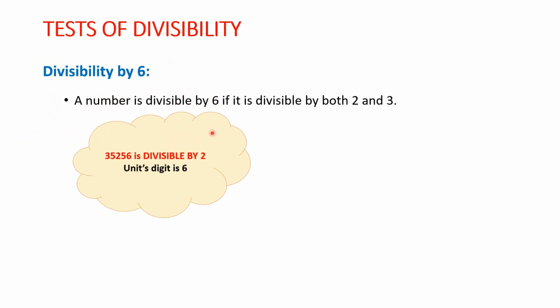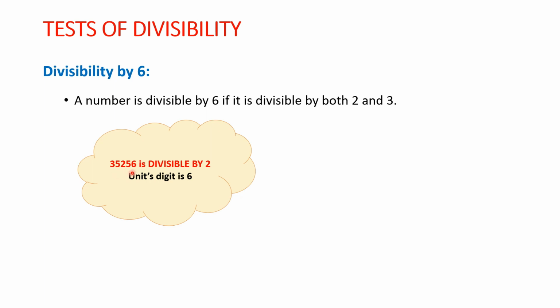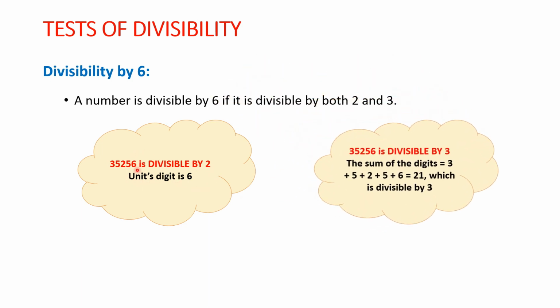Let's consider an example. Let's take the numeral 35256 and it is divisible by 2 because the unit digit is 6. If the unit digit is any one of 0, 2, 4, 6, 8, then that particular numeral is divisible by 2. So here it is divisible by 2. And let's check whether the given numeral is divisible by 3.